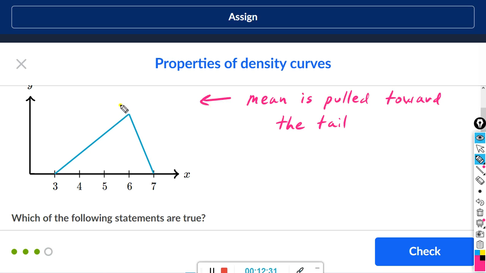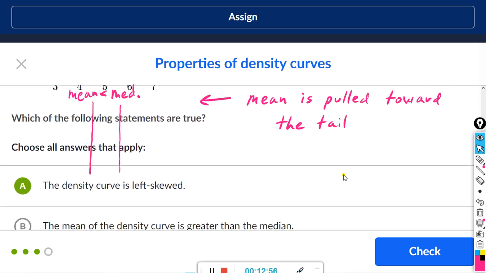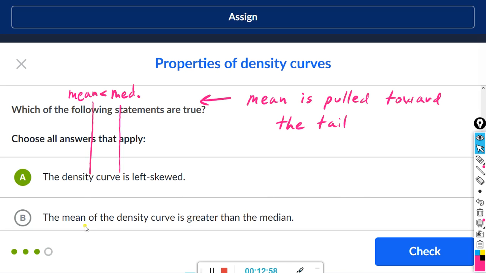The median will probably be somewhere around here, and then the mean is probably going to be somewhere around here. The mean gets pulled toward the tail. So clearly we can see that the mean is less than the median. So answer B says the mean is greater than the median. That is false.